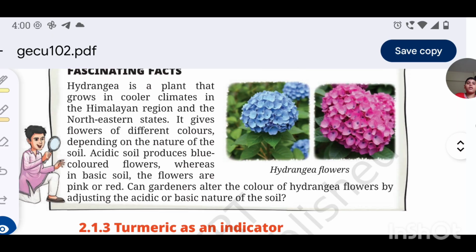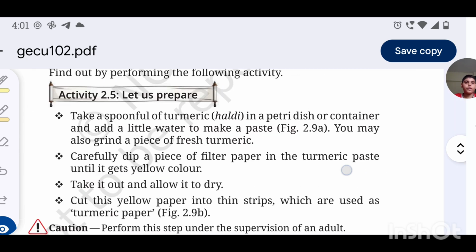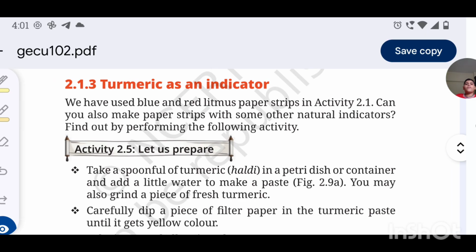Acidic soil produces blue colored flowers, whereas in basic soil they are red. Okay, now turmeric is an indicator, I told you. Okay, we have used blue and red litmus paper strips in activity 2.1.